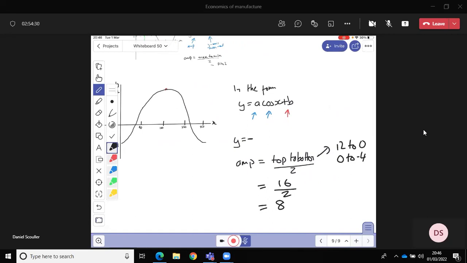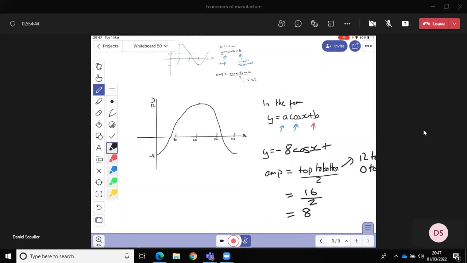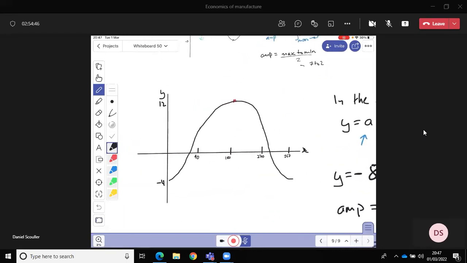So you're going to have -8 cos x, and then what have we moved that by? Well, if the amplitude's 8 but the maximum shown is 12, that means it's been moved up 4.